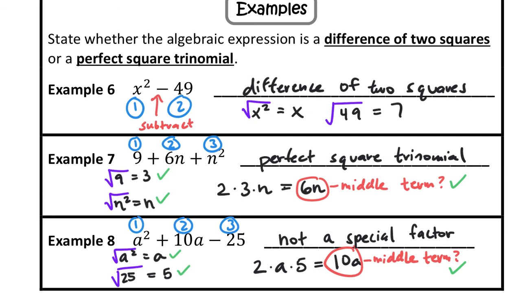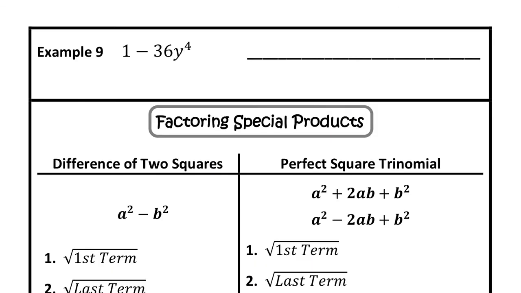Okay, let's jump over to example 9. Do I have subtraction of two terms? I have one term in the front, second term over here. So it's two terms, they're subtracting. Can I square root 1? Yes.